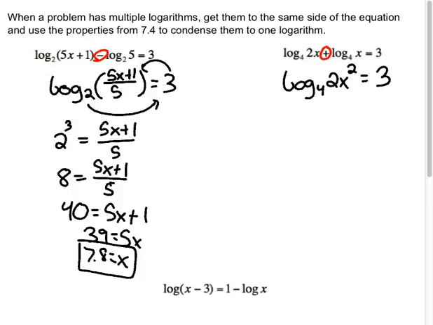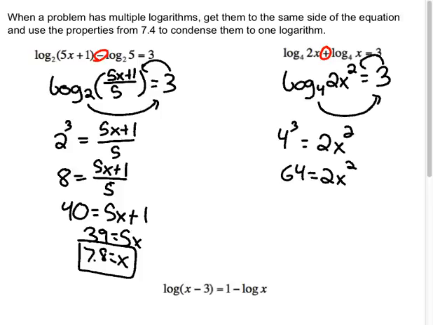Now, let's use Mr. Loopy. So 4 to the third equals 2x squared. So 64 equals 2x squared. Well, let's divide the 2.